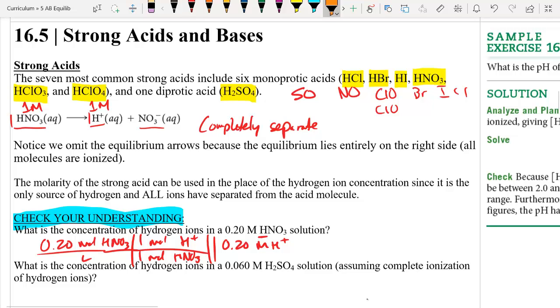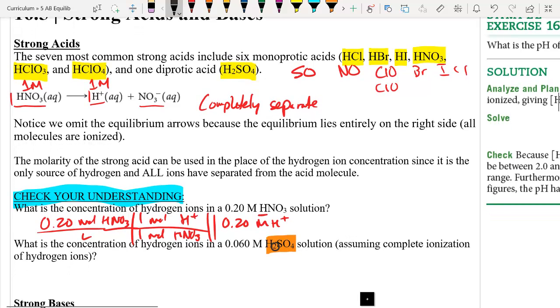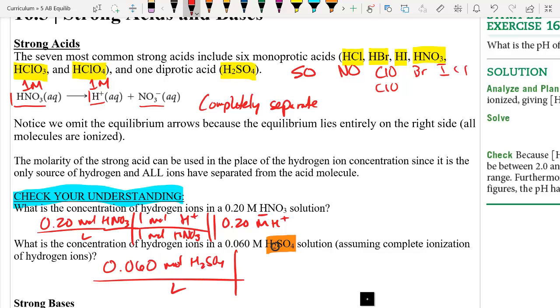Now, I want you to also consider this second concept. If we were to have sulfuric acid, this time around, it's diprotic. There are 2 hydrogen ions that separate off from our original sulfuric acid molecule. What we're going to have to do with this is then think, well, if the beginning was a 0.060 mole H2SO4 for every 1 liter, I can use the mole ratio here as well. 1 mole of the sulfuric acid would produce 2 moles of hydrogen ions.